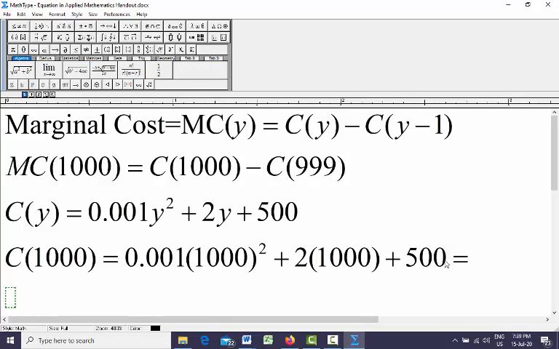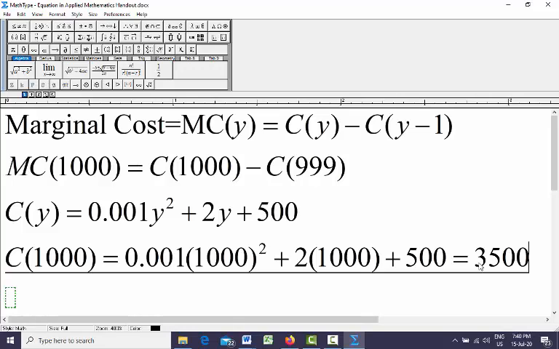Use your calculator, type it exactly the way it is, from here to here fully, and then press equal. 0.001 multiplied by 1000 square plus 2500, so 3500.